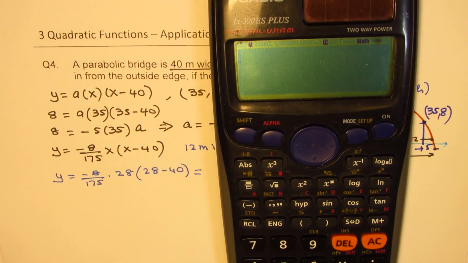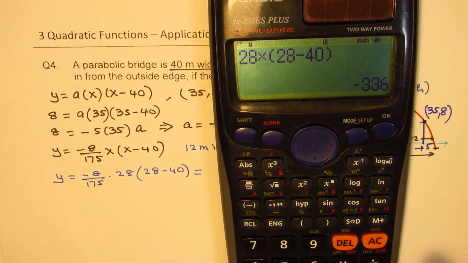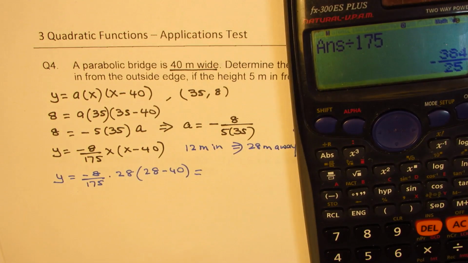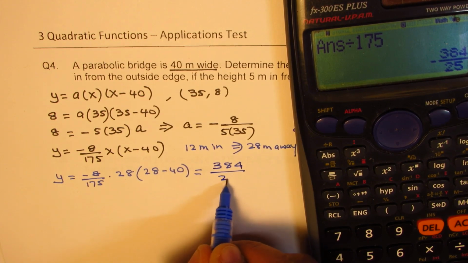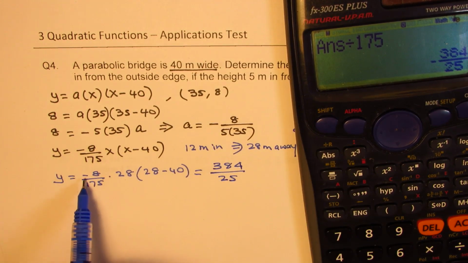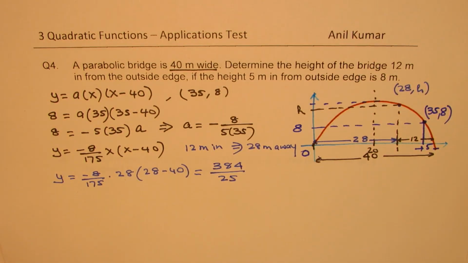So we have 28 times, within bracket, 28 minus 40. And we are going to multiply this by 8 and divide this by 175. There's another negative which will make this positive, right? So it gives us height of 384 over 25. The negative which you see will cancel with this negative, right? And in decimals, we can write this as 15.36.